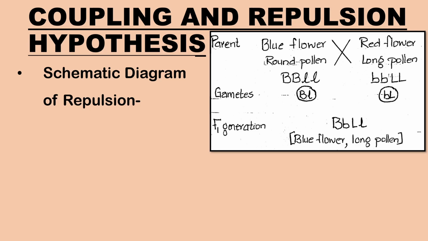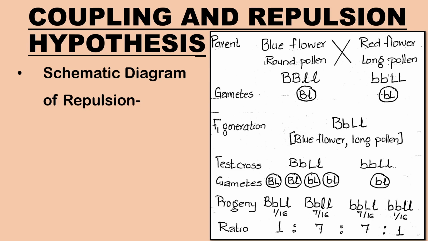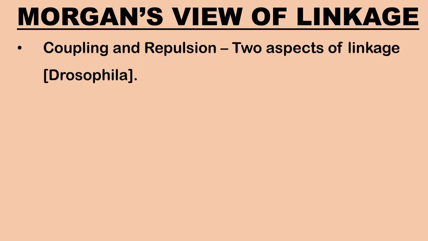The cross resulted in F1 individuals with blue flower and long pollen grains. A test cross with F1 dihybrid with double recessive parent showed phenotypic ratio of 1:7:7:1.